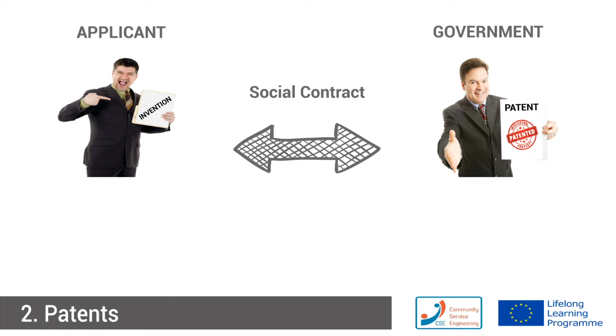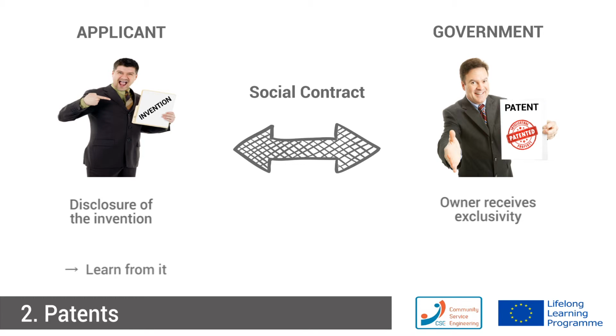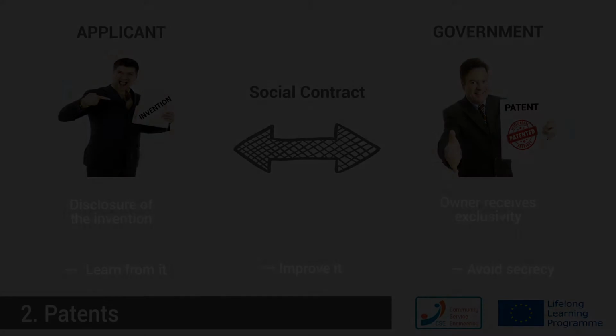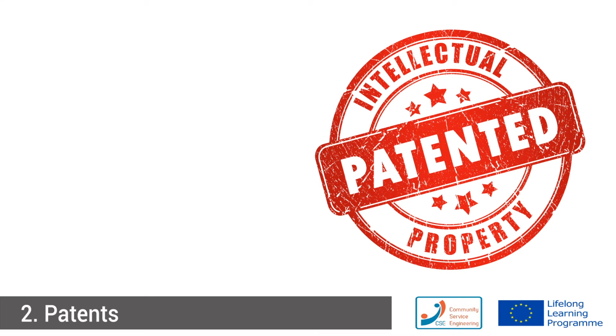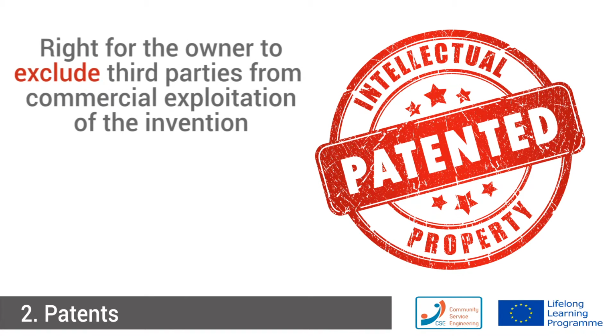And the deal that is concluded is about the fact that the applicant needs to disclose his invention as much as possible, and in return he gets an exclusive right. This disclosure is meant that others can learn from his invention, can actually improve his invention, and also to avoid secrecy.